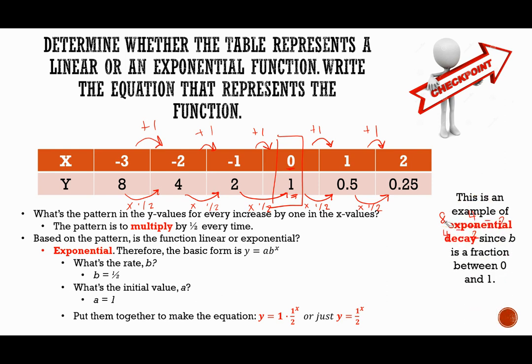And this is a good example of an exponential decay function, just as an aside, because my rate or common ratio is a fraction. And so that's what makes it decay. When I put it on the coordinate plane, this is going to go down and down and down, faster and faster. So that's what makes it an exponential decay from left to right.